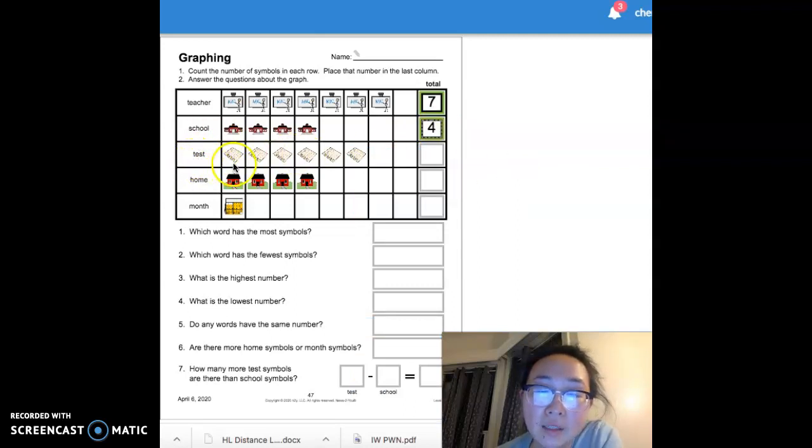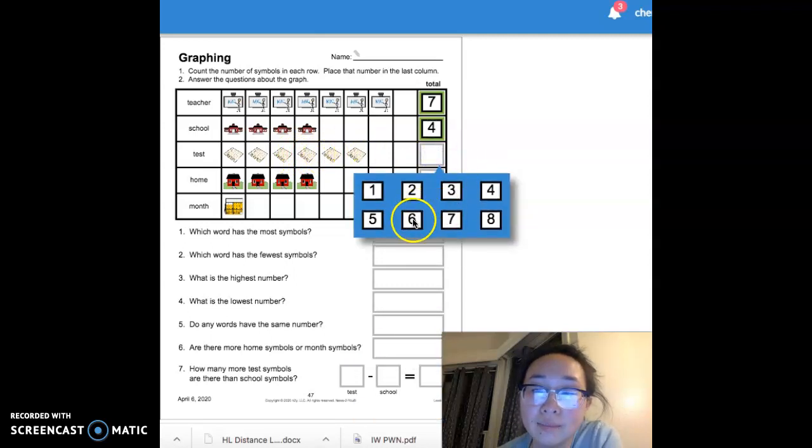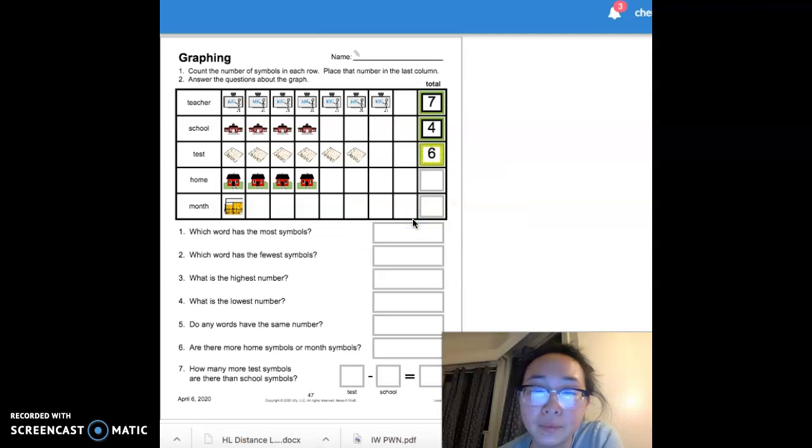Test has 1, 2, 3, 4, 5, 6. We are going to put 6. Home has 1, 2, 3, 4. 4 icons. Home.